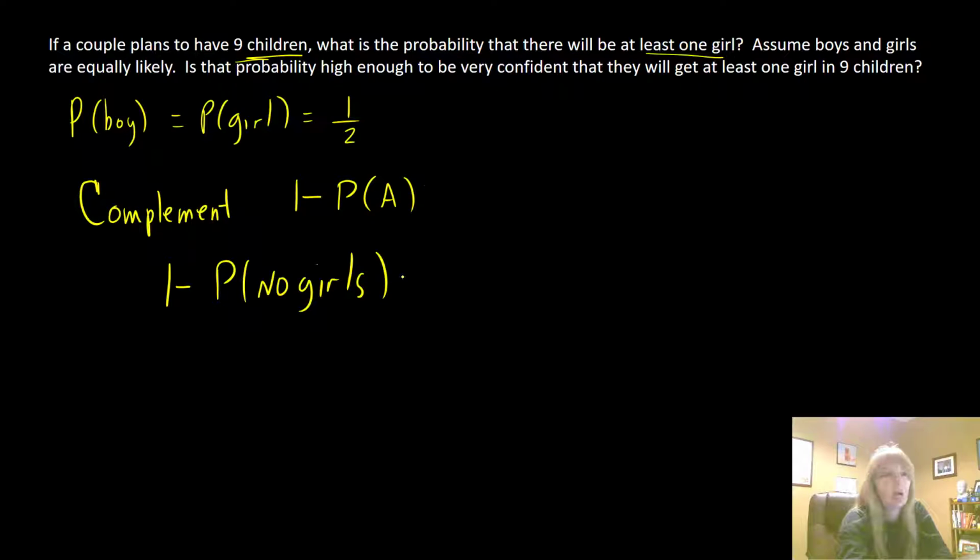And so with this complement, as we know, the probability is 1/2 and out of 9. If you multiply that, meaning 2 to the 9th power, well, 1 to the 9th power is 1, and you'll get 511/512.